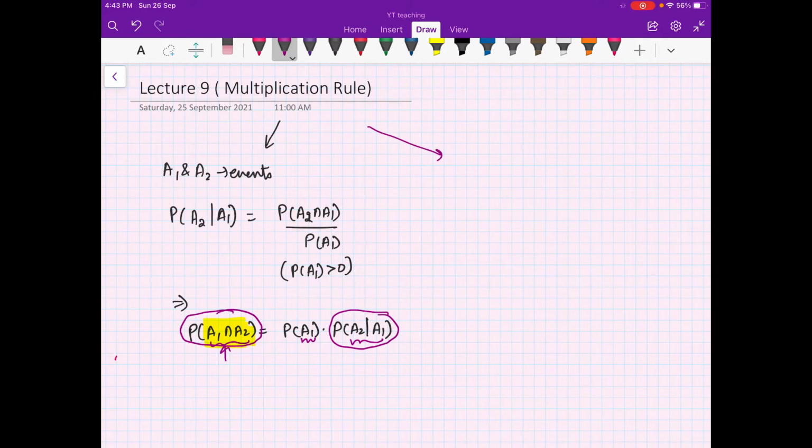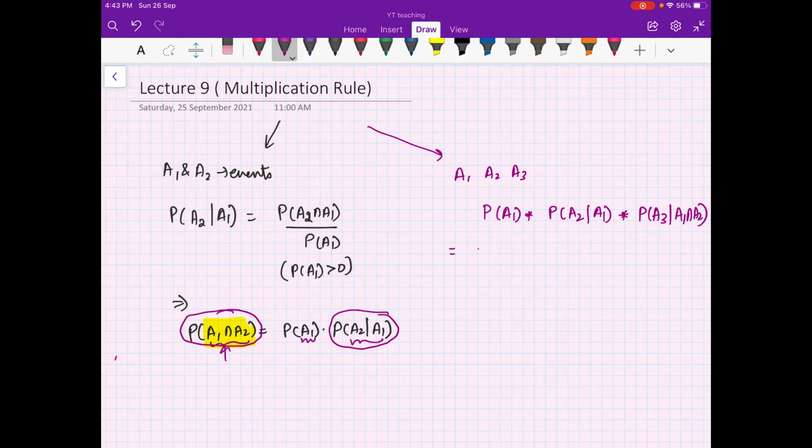Similarly, suppose you have three events A1, A2 and A3. Consider the probability of A1 times the probability of A2 given A1 times the probability of A3 given A1 intersection A2.